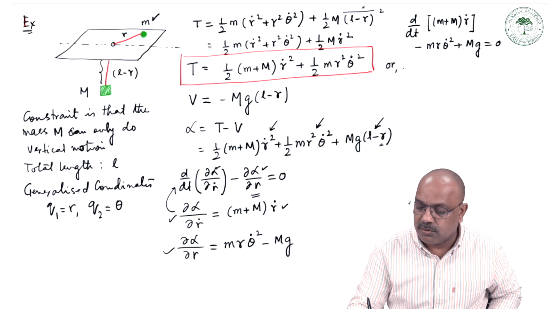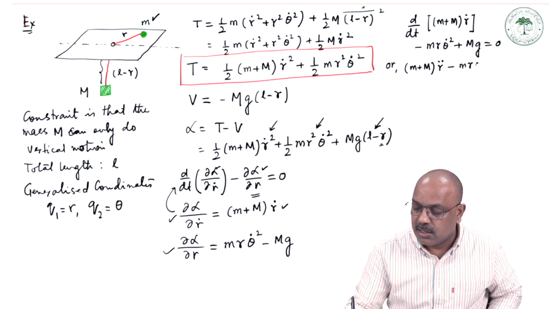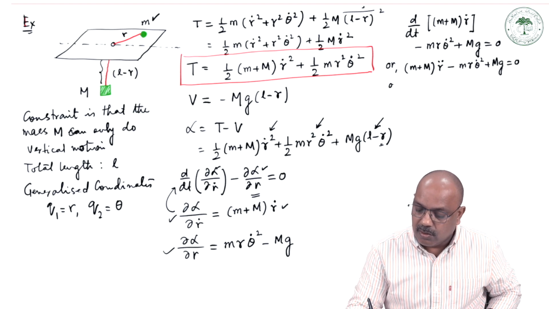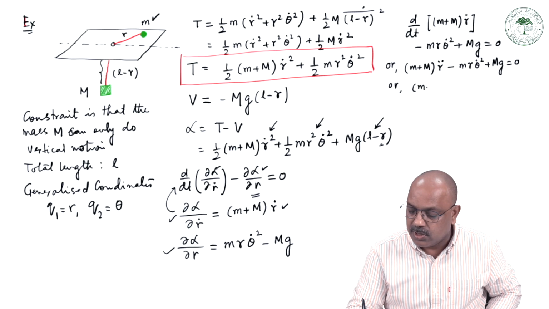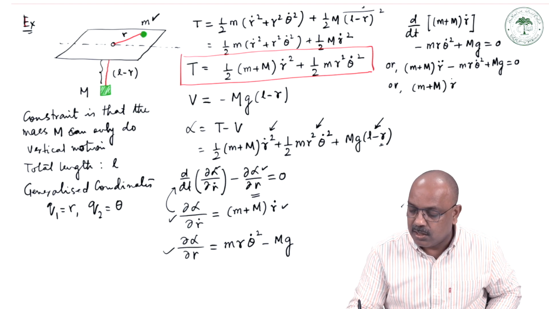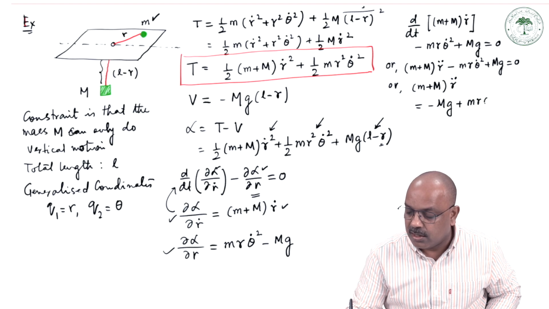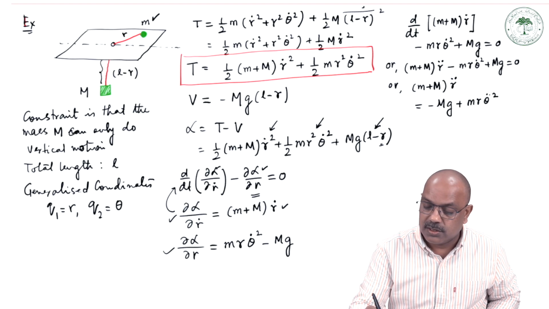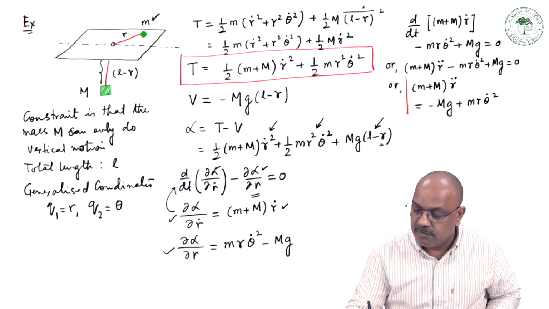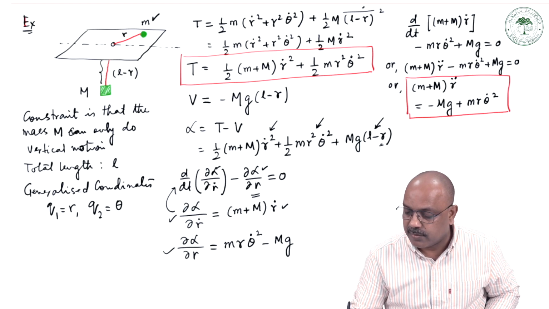That is (M + m) r̈ minus m r θ̇² plus mg equal to 0. You see that this is coming out very nicely: (M + m) r̈ equals minus mg plus m r θ̇². So this is my first equation of motion.